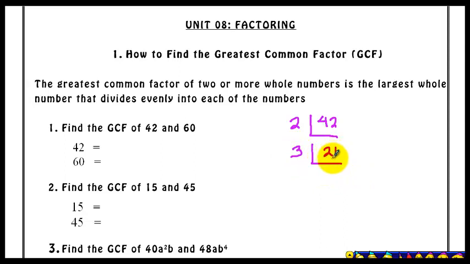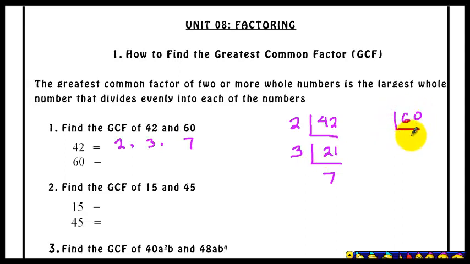So 21 divided by 3 is 7. You know that you are done if after dividing, you get a prime number. Since 7 is a prime number, we are done finding the prime factorization of 42. So 42 is equal to 2 times 3 times 7.